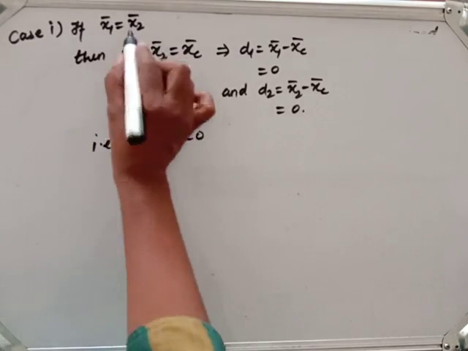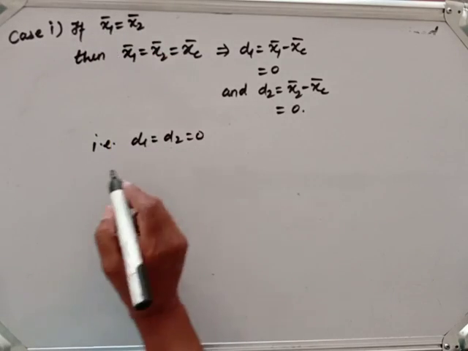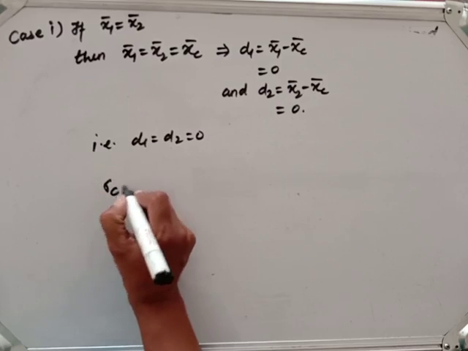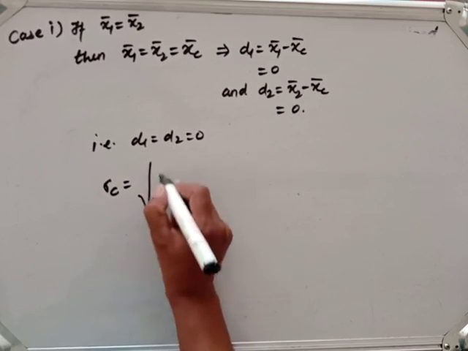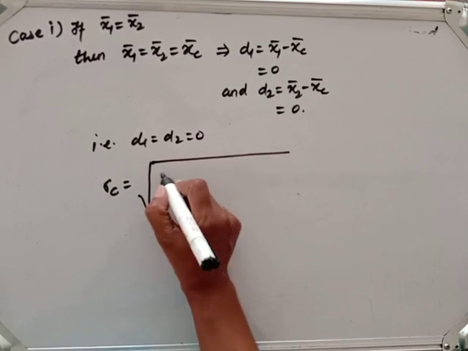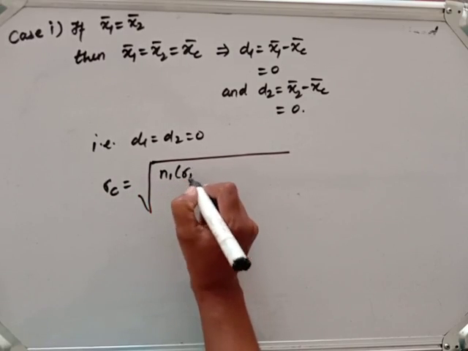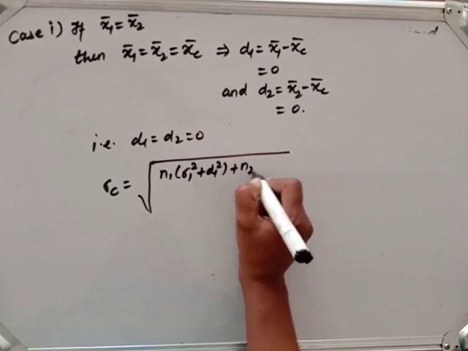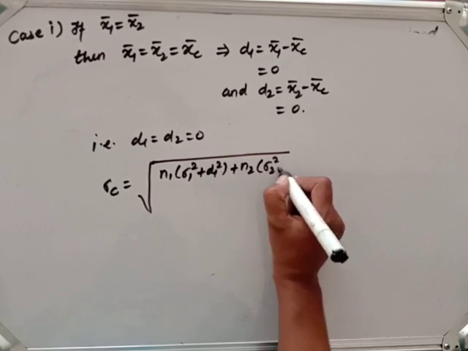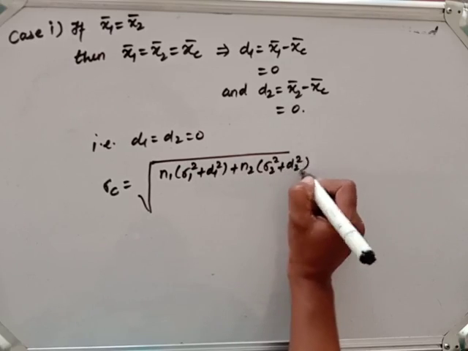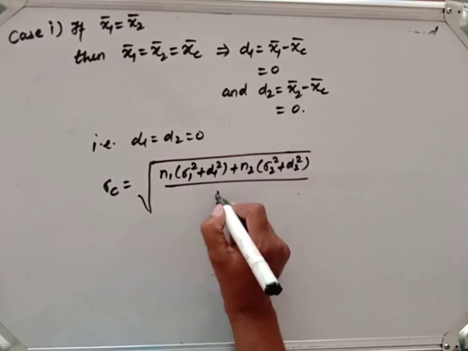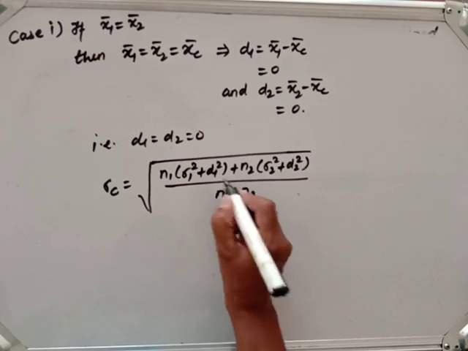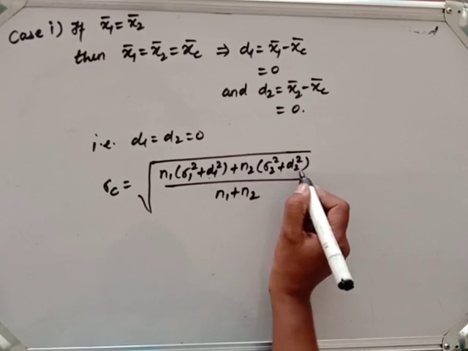If d1 and d2 are 0, then what is sigma c? The actual result is n1 times sigma 1 square plus d1 square plus n2 times sigma 2 square plus d2 square upon n1 plus n2, and d1, d2 become 0 here.